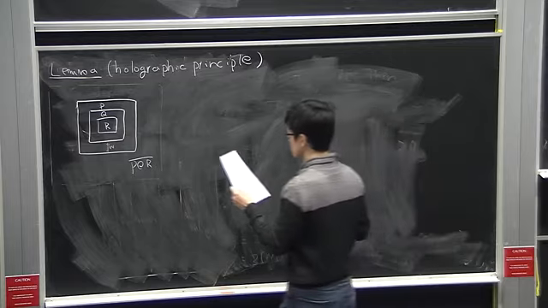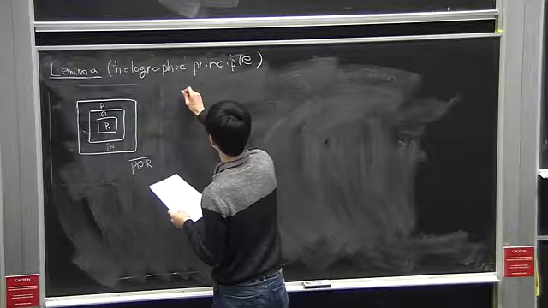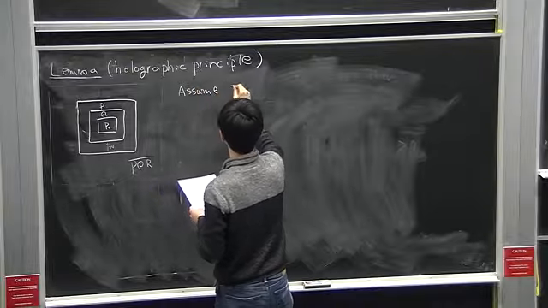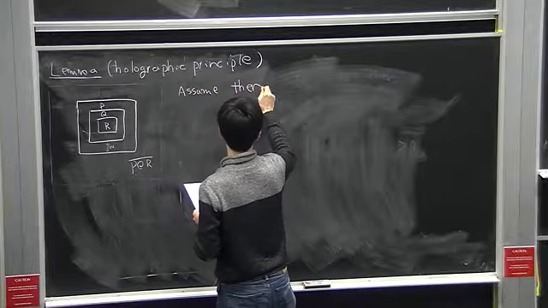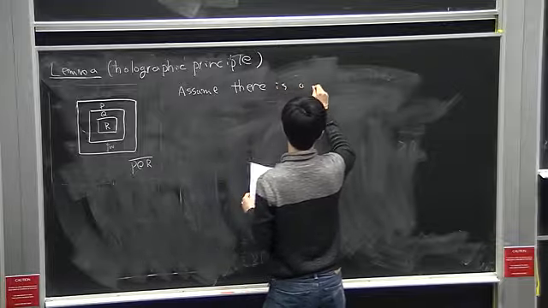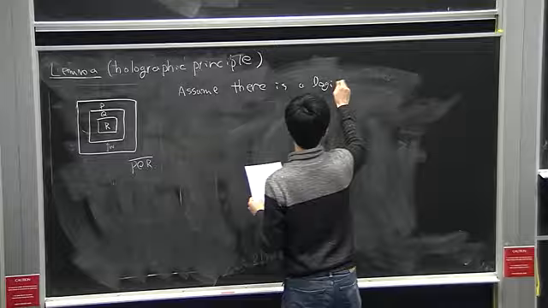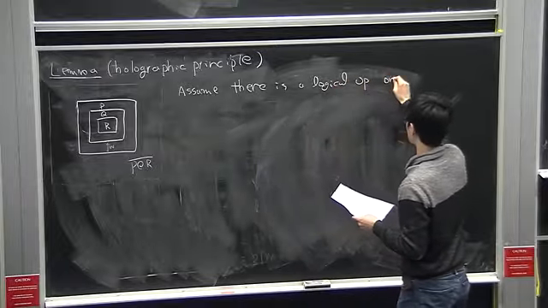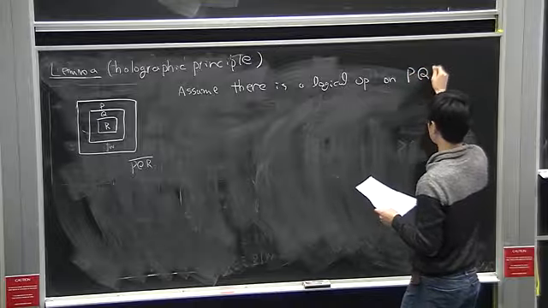Then this lemma basically says the following. Let's assume that there is a logical operator supported on this joint region PQR.